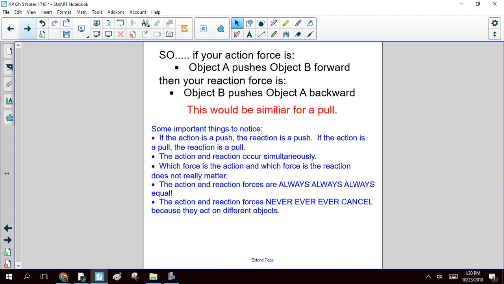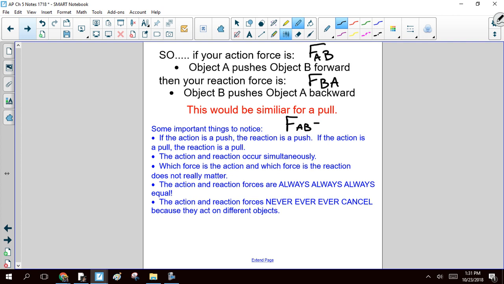So if your action force is object A pushes object B forward, then your reaction is object B pushes object A backward. The notation I would probably use is the force of object A pushing object B, and the force of object B pushing object A. And so Newton's third law says those forces are equal and opposite.